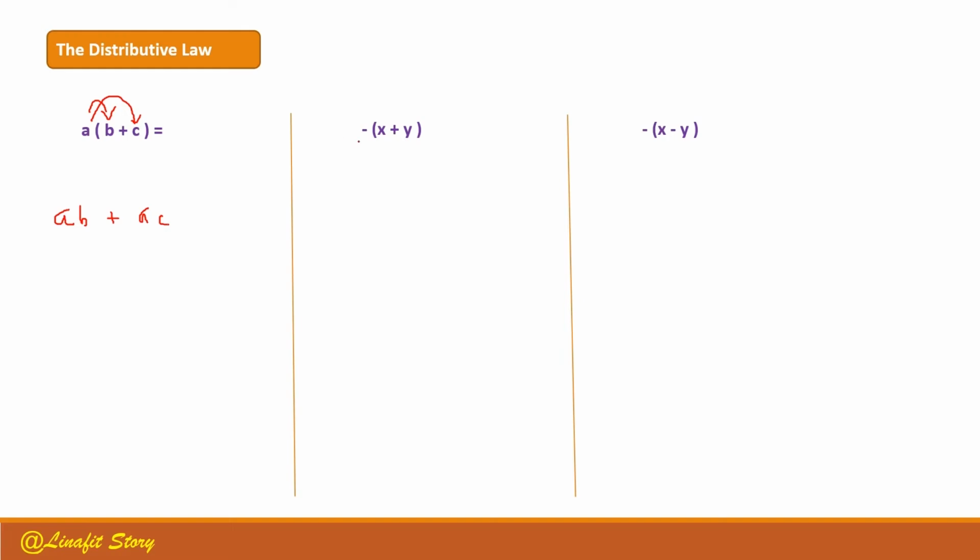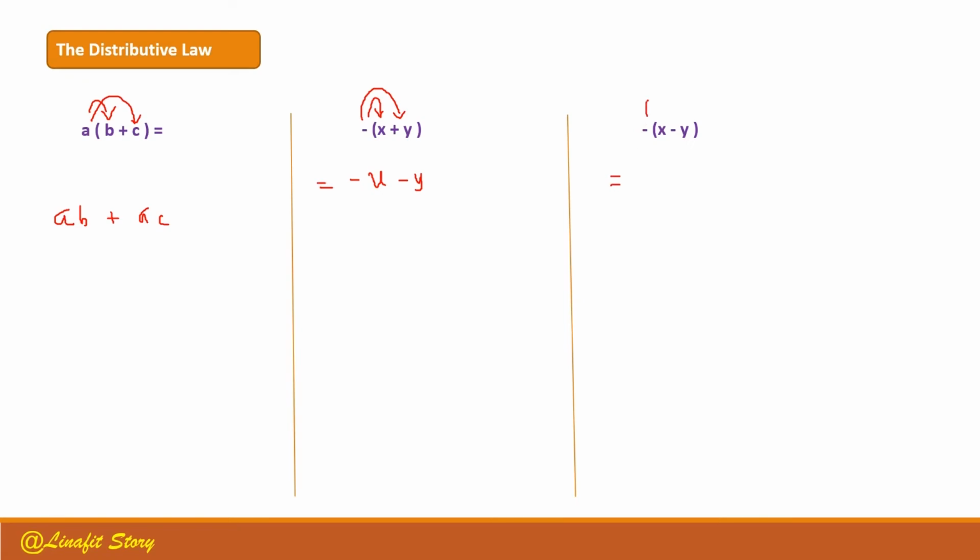Negative open bracket x plus y. Negative times positive x is negative x. Negative times positive y is negative y. How about this one? Negative open bracket x minus y.